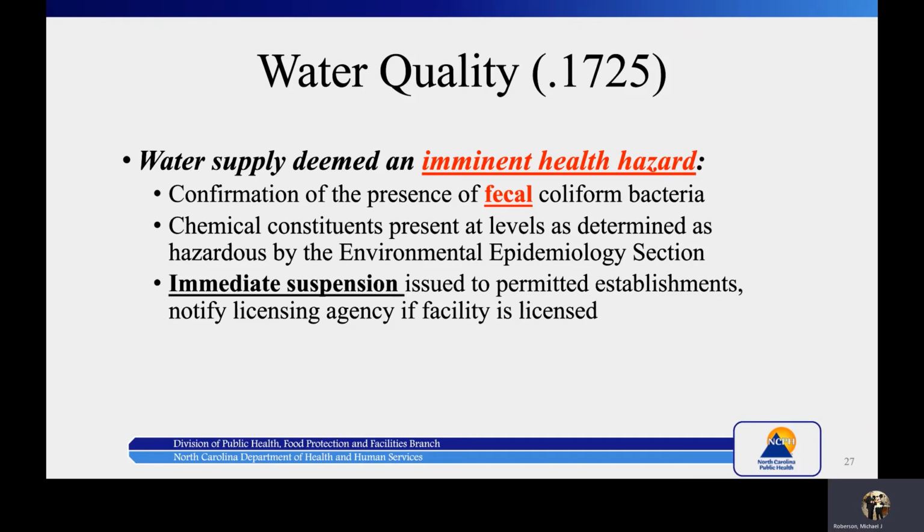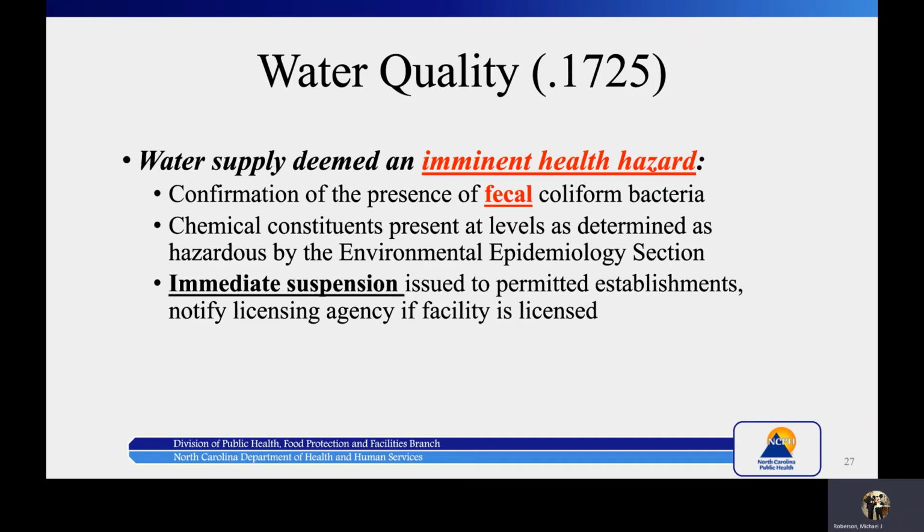So the first thing we're going to look at is water supply is deemed an imminent health hazard if we have confirmation of the presence of fecal coliform bacteria. And you see fecal is underlined in red, okay? So we have fecal coliform bacteria has been confirmed with our 2 samples in our water supply. We have an imminent health hazard, okay?